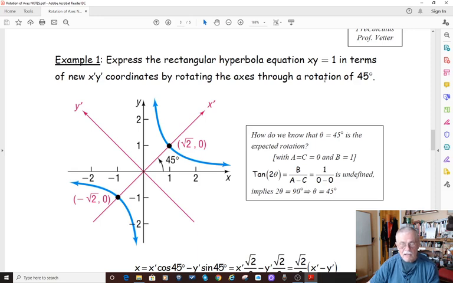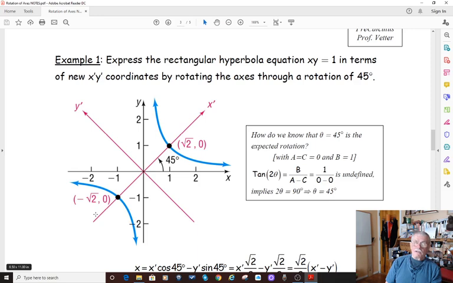Now, this is not the kind of hyperbola that we're used to. We're used to the hyperbola crossing the x-axis, that was called type 1, or the hyperbola branches crossing the y-axis, that was called type 2. In this type of hyperbola, xy equals 1, neither of that happens.